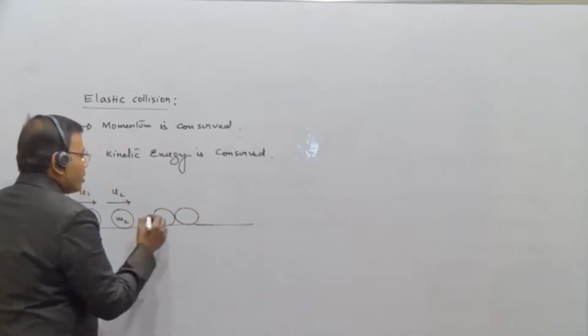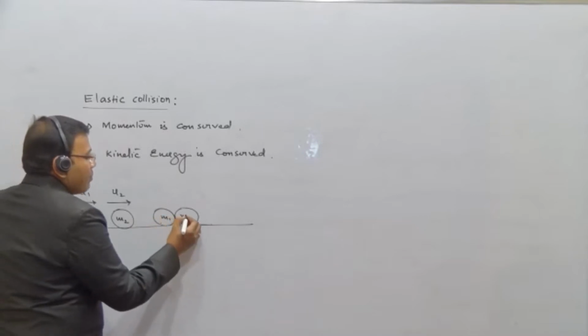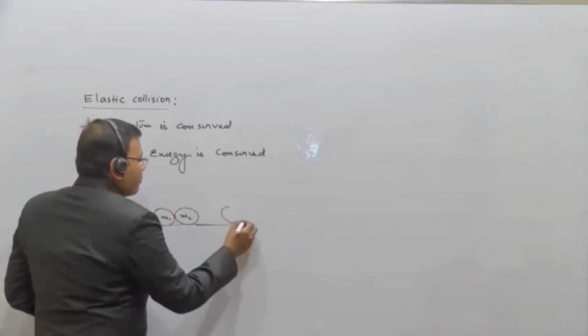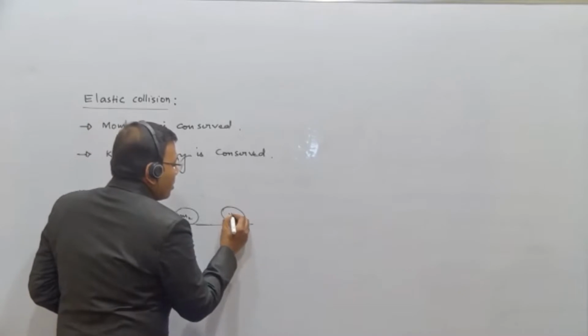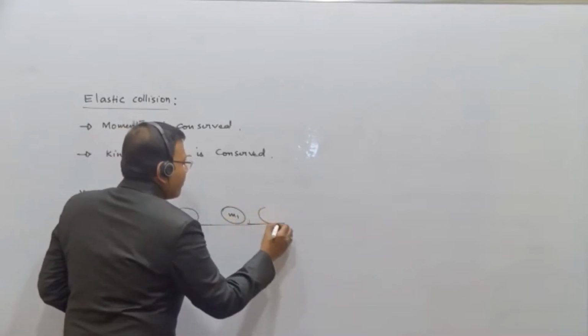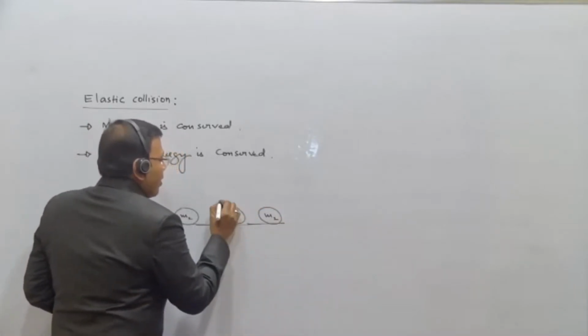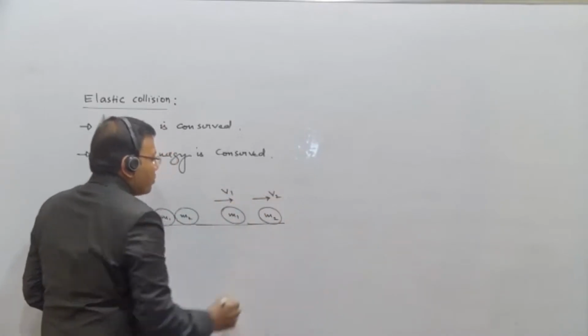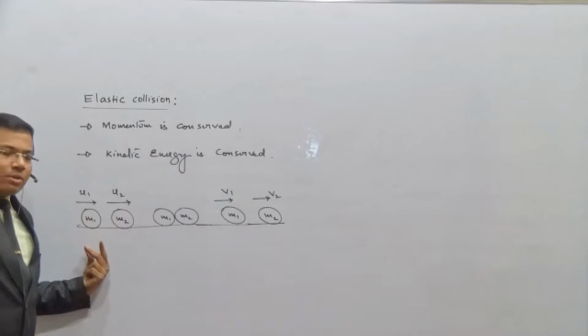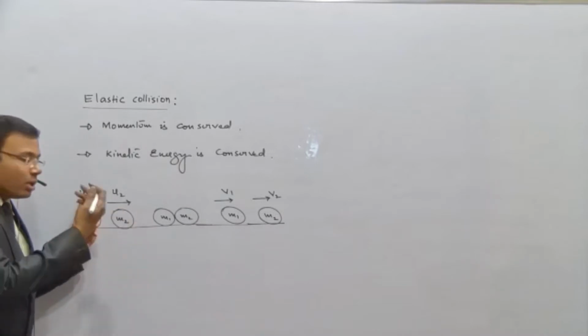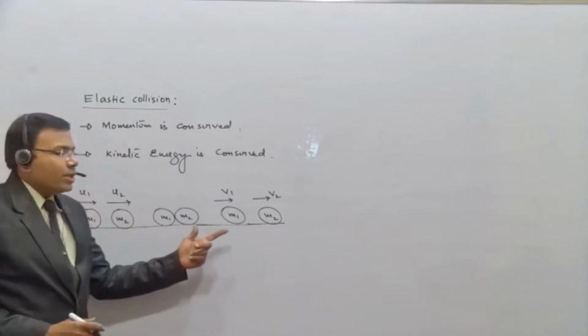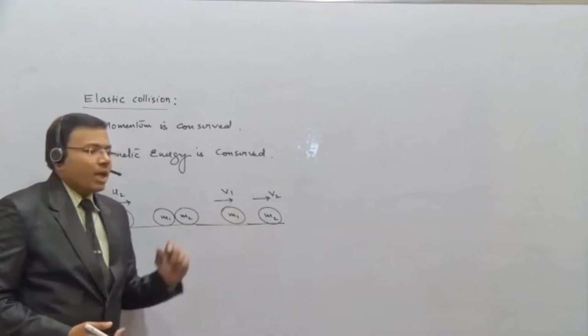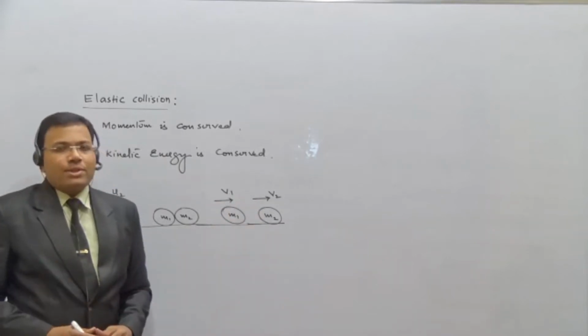This is m1 and m2, and after collision the two bodies are moving with different velocities. m1 is moving with velocity v1 and m2 is moving with velocity v2. The initial velocities before collision are u1 and u2, and the final velocities after collision are v1 and v2.